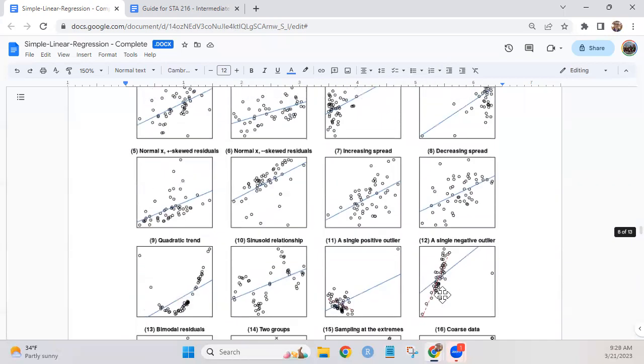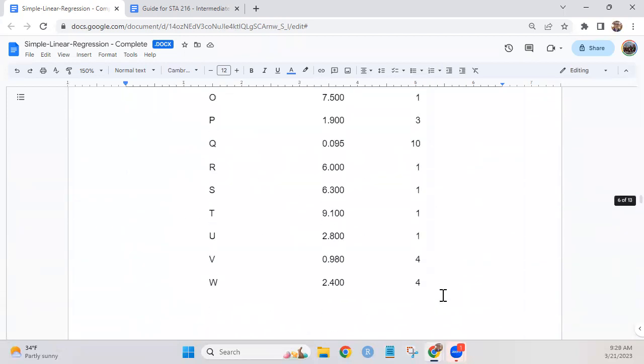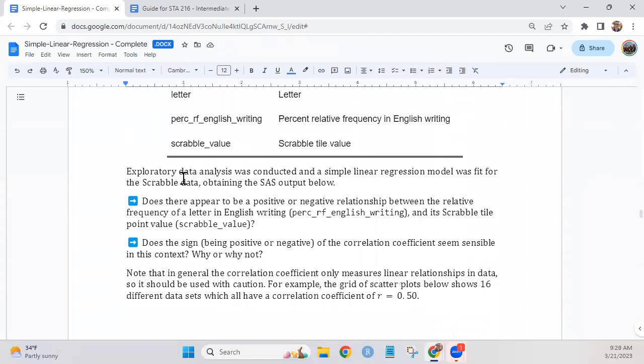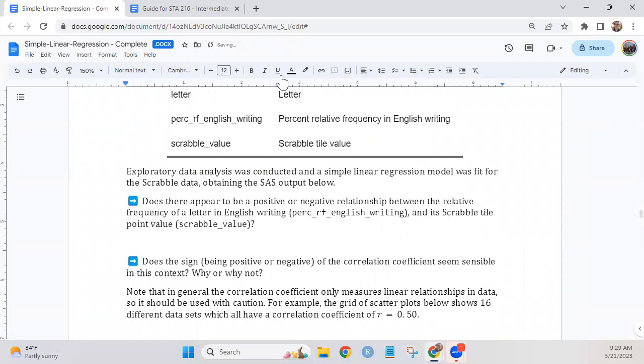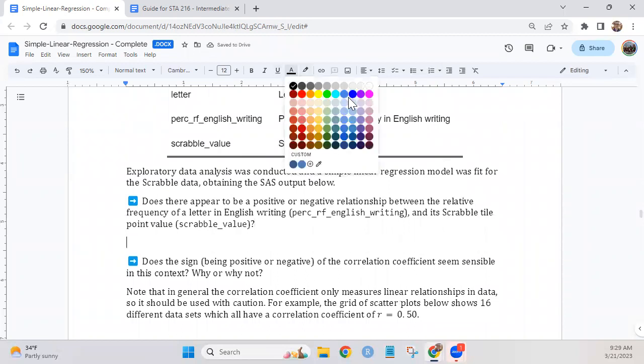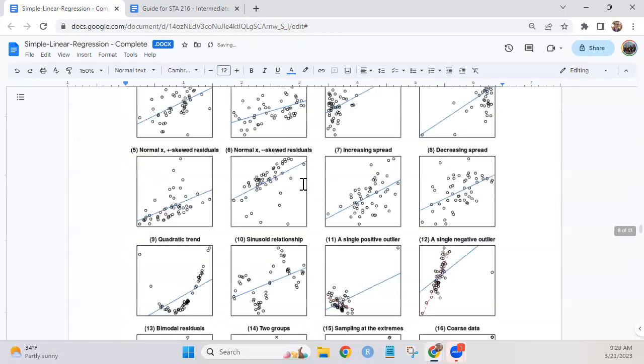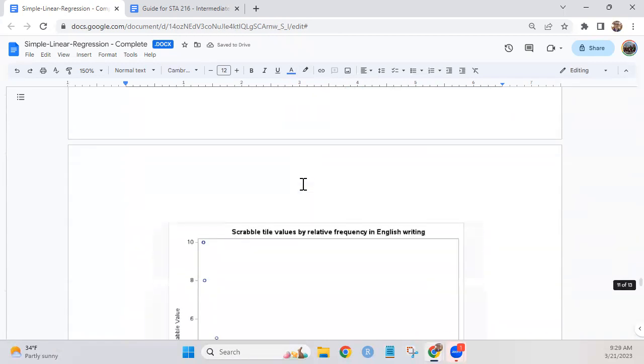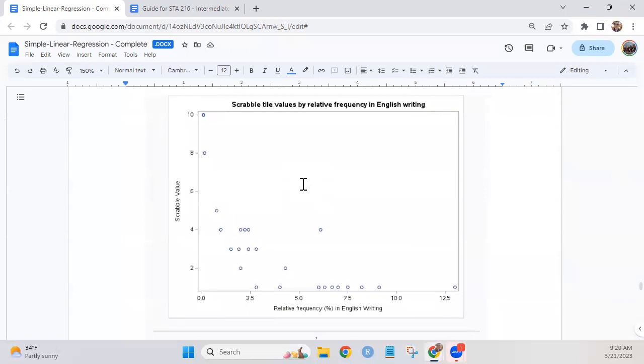All right, let's scroll back up to the first point. Okay. So based on that scatter plot, would we say there's a positive or negative relationship between the two variables?